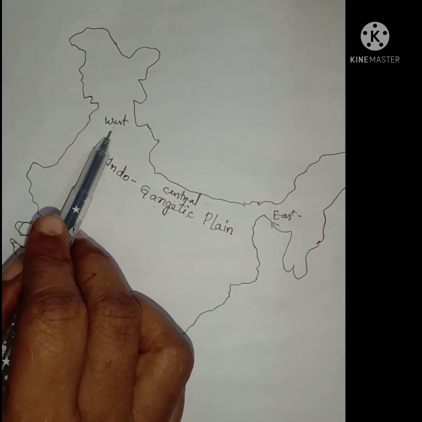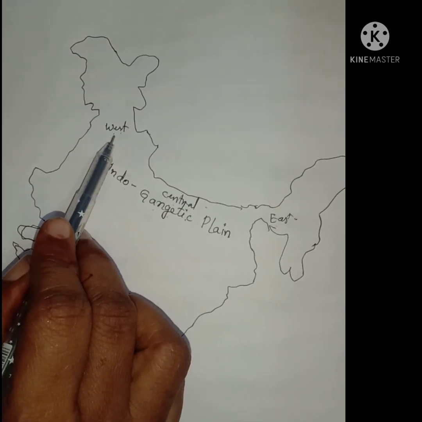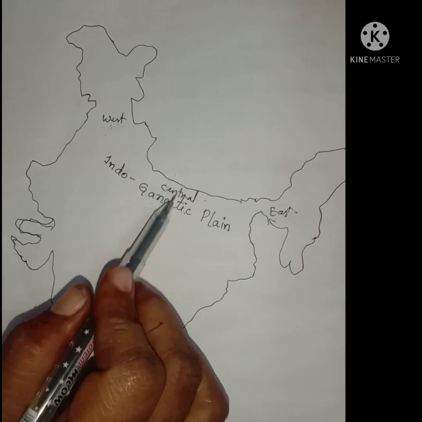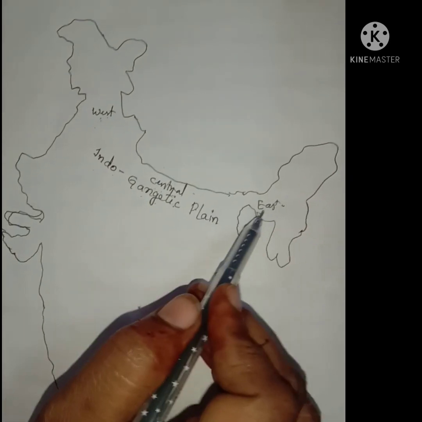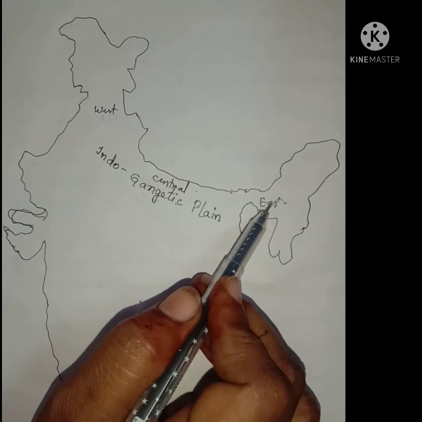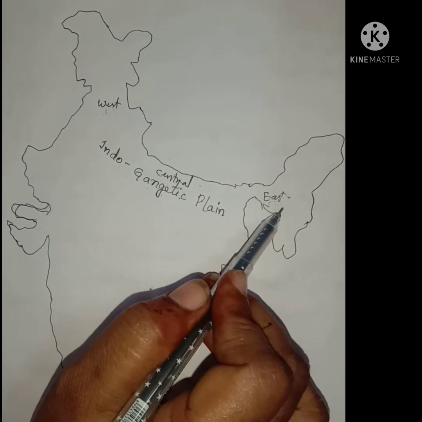The western part is formed by the Indus River and its tributaries. The central part is formed by the Ganga River and its tributaries. The eastern part was formed by the Brahmaputra and its tributaries.